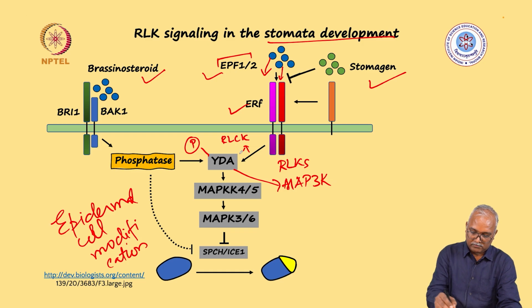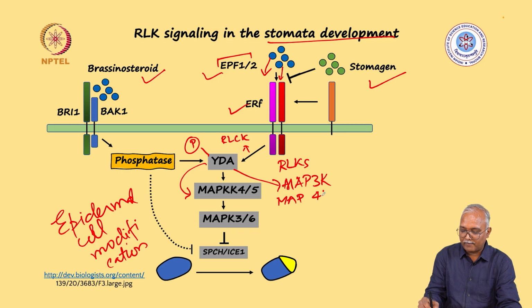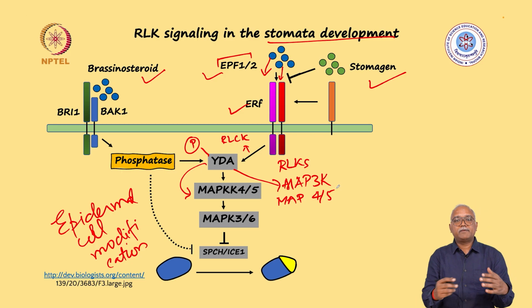So once MAP3K is activated, it activates MAP2K, which in this case is identified as MAP kinase 4-5. In the previous class I told you that MAP3K, MAP2K, MAPK are a class of proteins.